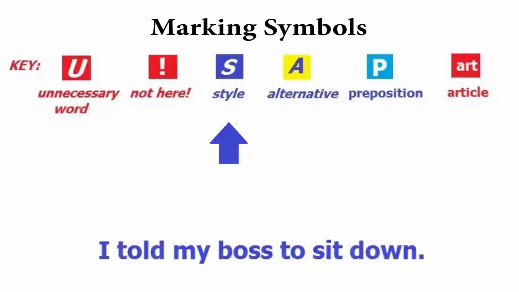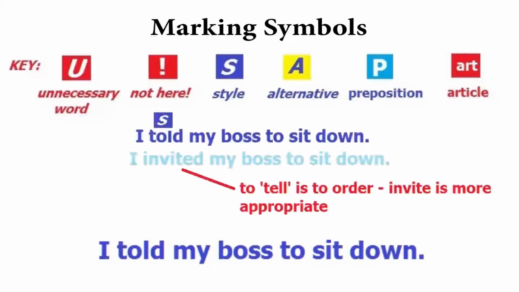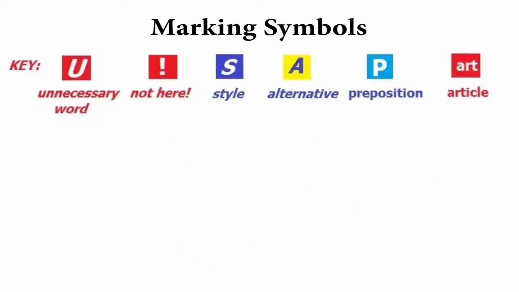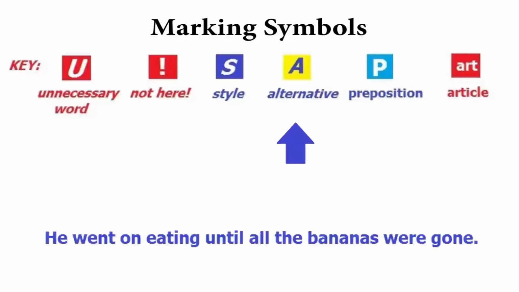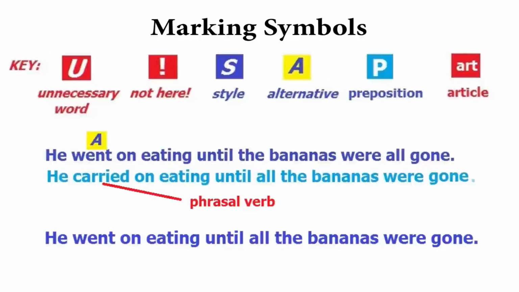With the style symbol, it means something may be grammatically correct, but that something in the essay is unusual, perhaps out of date, unknown, or written in a way that does not connect well with the reader. The alternative symbol means there is a suggestion which could be used. It does not mean that there is a mistake, just that there may be a better way.